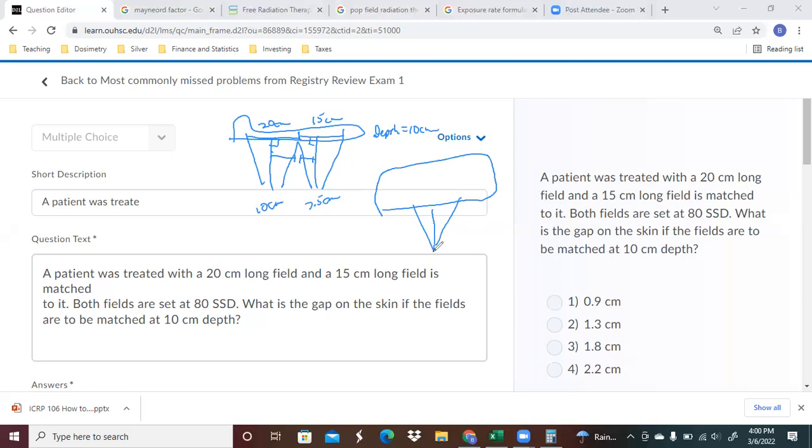We know that the field is going out here to 80 cm SSD, but it's also going in another 10 cm. So these lengths that we see here are actually going to take place at 90 cm into the patient. If we're interested in what is actually being done at 80 cm, we're going to see these fields shrink a little bit. So how does the mathematics of this work out?